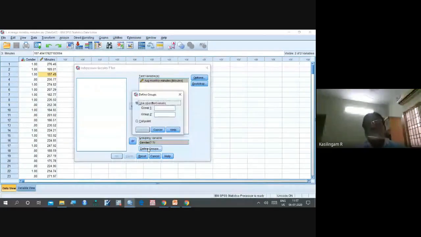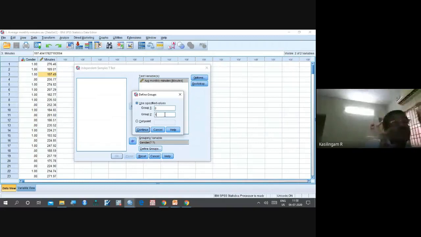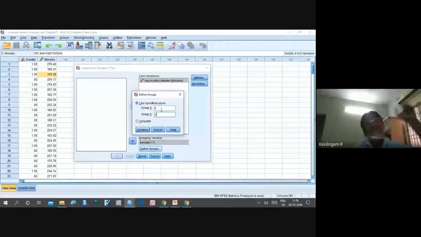For group 1, I am putting 0 for female, and for group 2, I am putting 1 for male. In the variable I have given option 0 for female and 1 for male. That is why I am giving 0 and 1. If you have given 1 and 2, then you have to specify 1 and 2.